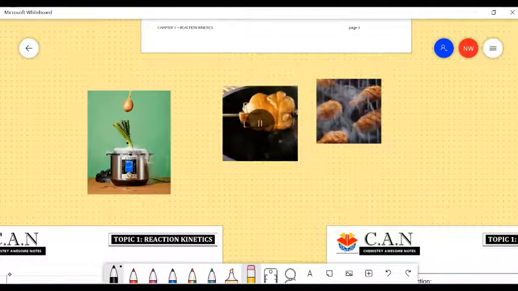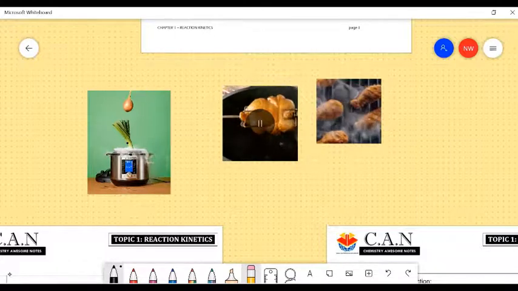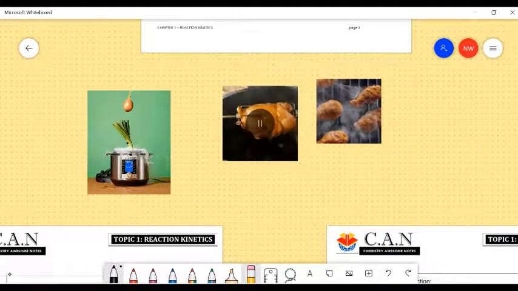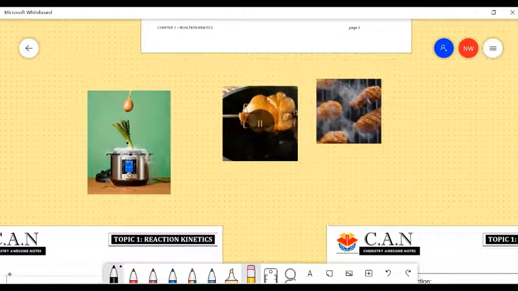So nak roasted the whole chicken tu mengambil masa lebih lama compare kita nak grill up the pieces of the chicken. So semua ini melibatkan faktor rate of reaction. So lagi kecil kita punya size, lagi faster kita punya rate of reaction. Okay, macam itulah. So rate of reaction ni sebenarnya banyak berkisar tentang kita punya daily life.